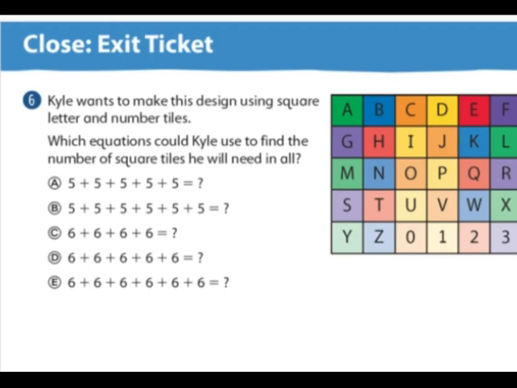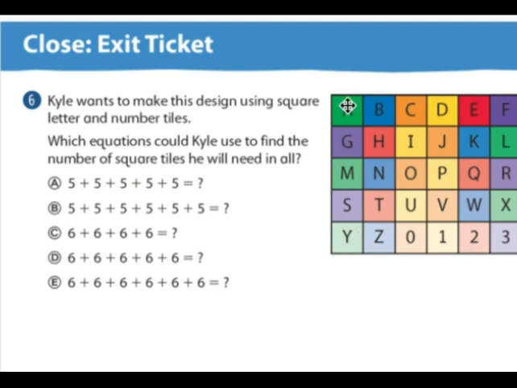The last question today is this one. Kyle wants to make this design using square, letter, and number tiles. Which equations could Kyle use to find the number of square tiles he will need in all? Well, let's check out the tiling board over here. This is a rectangle, so let me check.